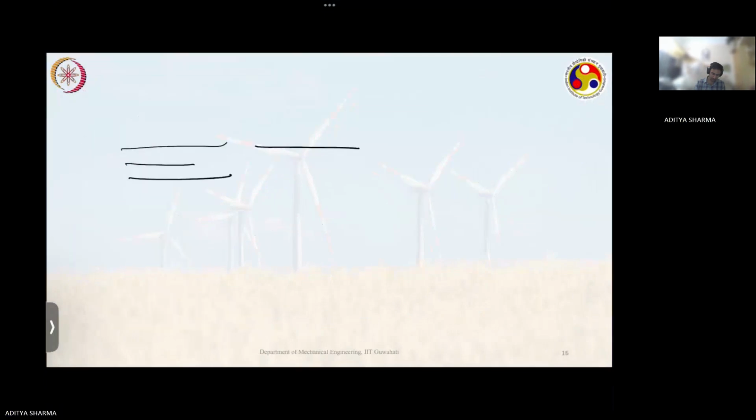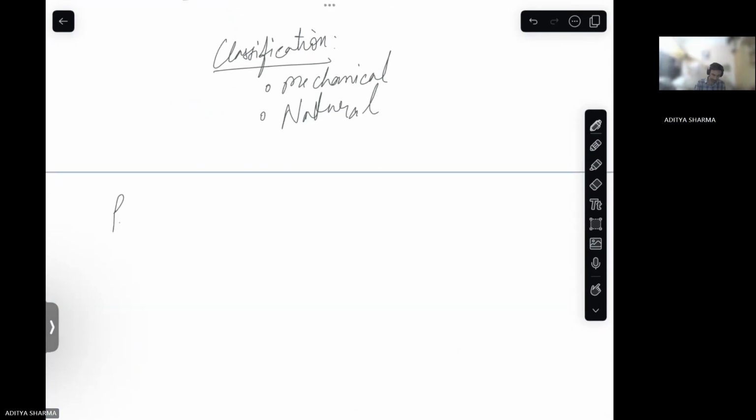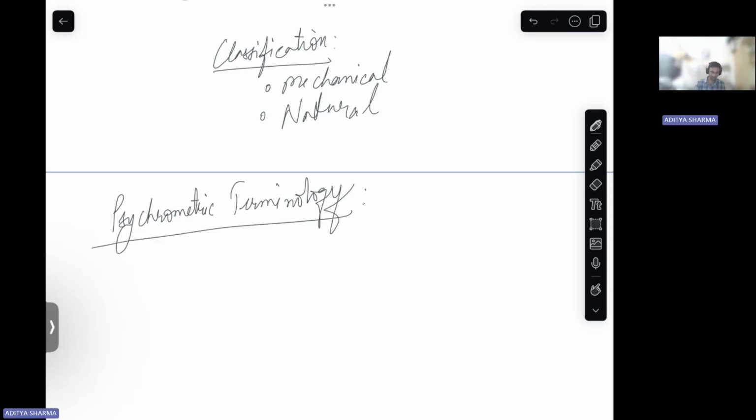And in psychrometry, you talk about humidity, because humidity comes into the picture in the wet cooling tower. So when air enters, it is not fully saturated.